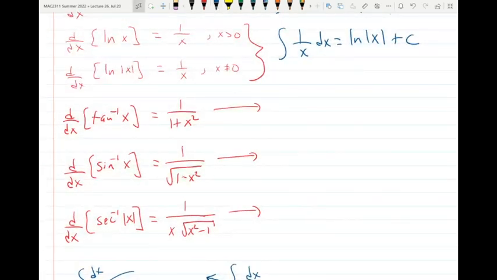Now we come to the inverse trig functions. We know the derivative of inverse tangent is 1 over 1 plus x squared. So that means that if you come across the integral of 1 over 1 plus x squared, this is going to be inverse tangent. You're going to explore these in Calc 2. At the beginning of Calc 2, you're going to start doing integrals, exploring these formulas.